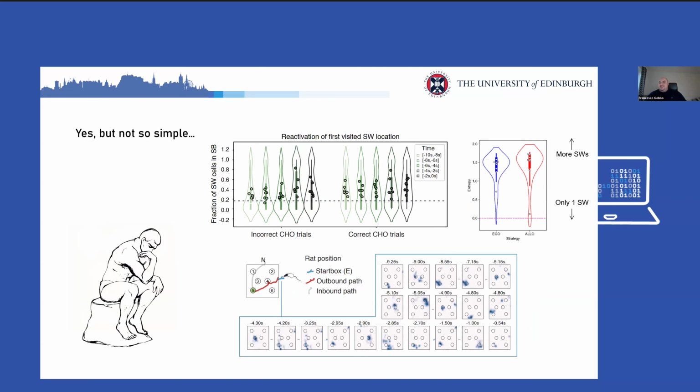However, this is not that simple, so it's not as clear-cut. The animals are not only thinking about the destination where they're about to be, in other words, the correct sandwells. What we found instead is that a lot of possibilities are played out by the hippocampus, possibly with a focusing towards the decision-making point, towards the actual future sandwell.